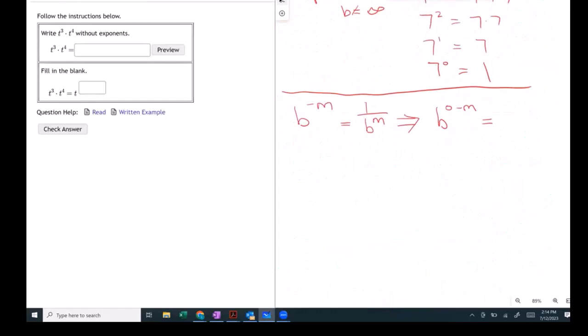This is the same as b to the 0 over b to the m, because if I subtract, I get 0 minus m. Well, anything to the 0 power is 1, and I get 1 over b to the m. Something to a negative exponent actually just changes position. Because the same thing is true if I say 1 over b to the minus m. That's going to equal b to the m for the same reasons.